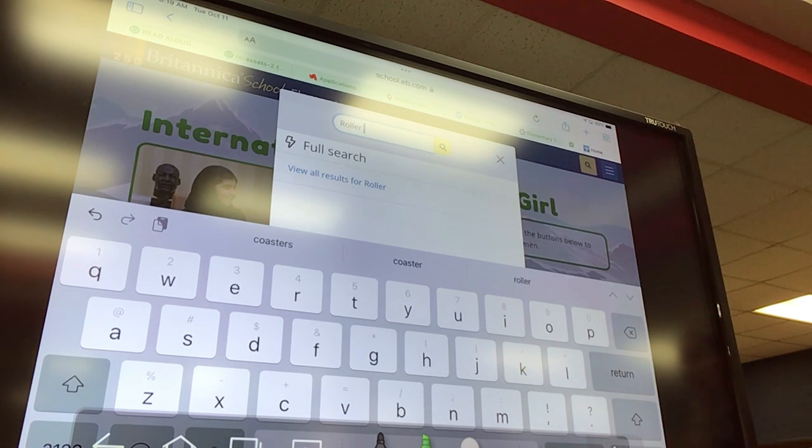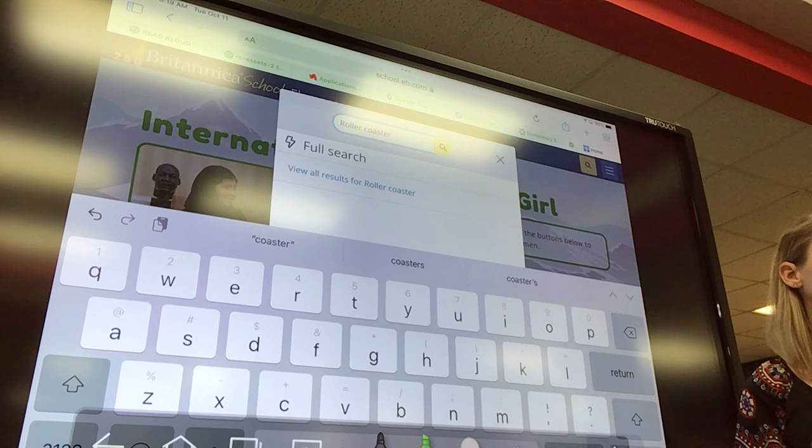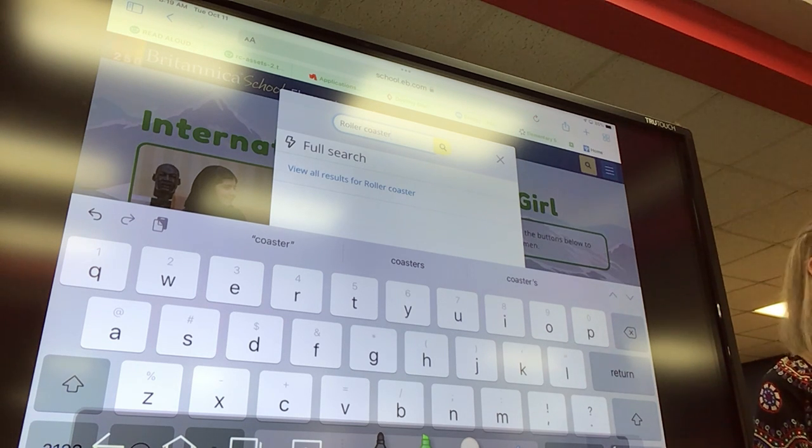If you don't know how to spell it, you can look up here, because I'm not going to hit search until y'all are ready. Okay, let you type in roller coaster. Good. There you go.